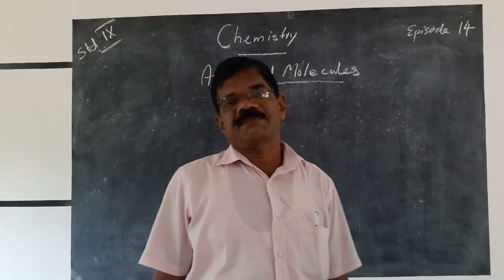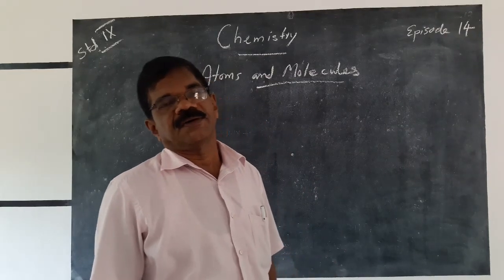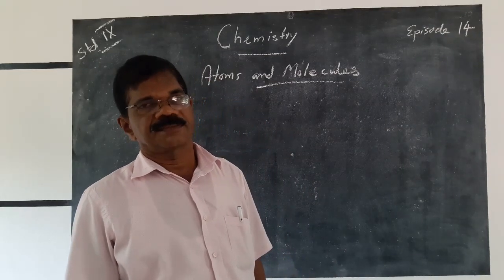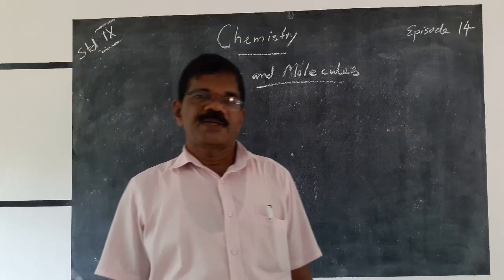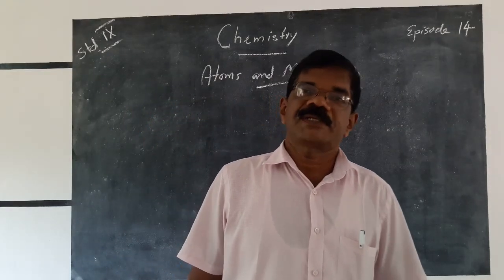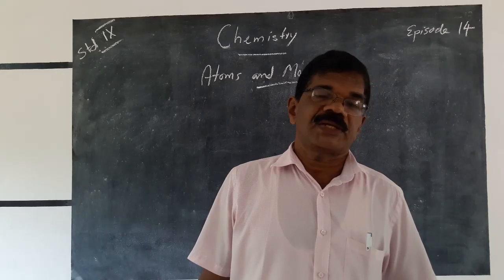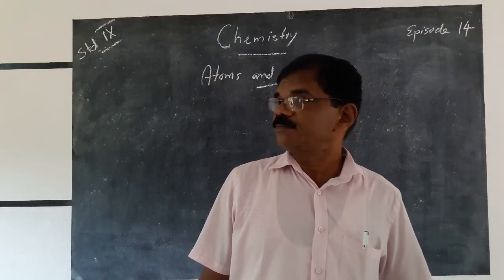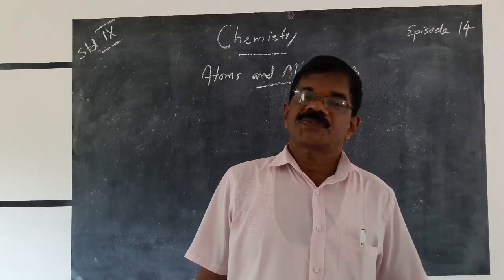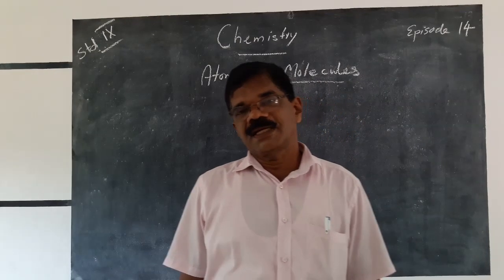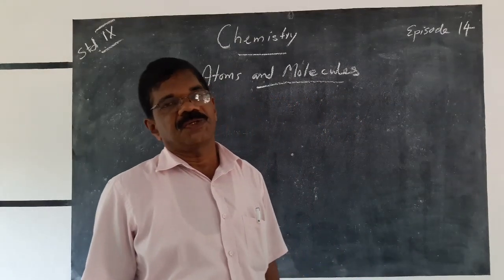So, how can we measure, weigh, or calculate the mass of an atom? A standard unit is taken for measuring the mass of an atom. It is known as the atomic mass unit, AMU.